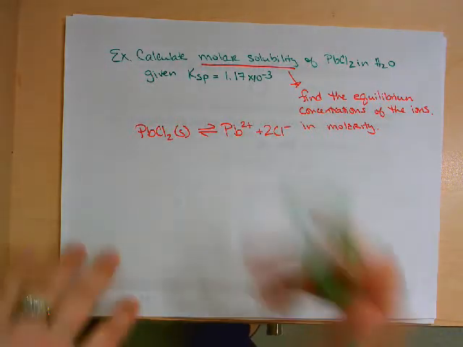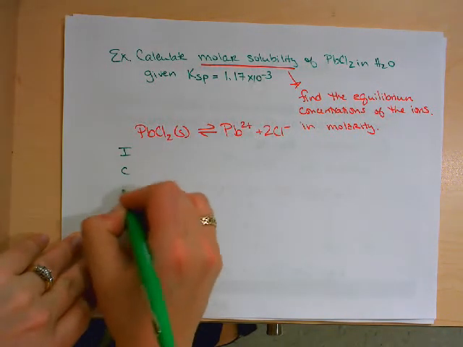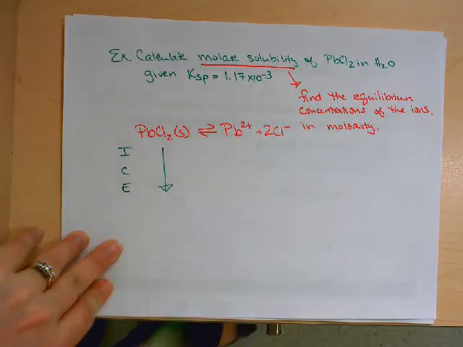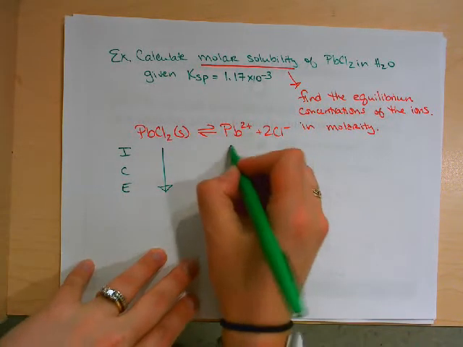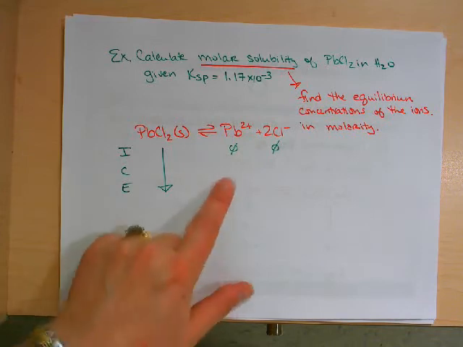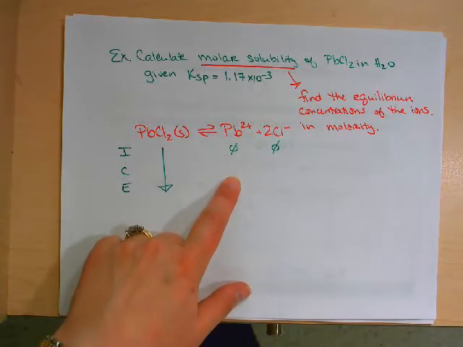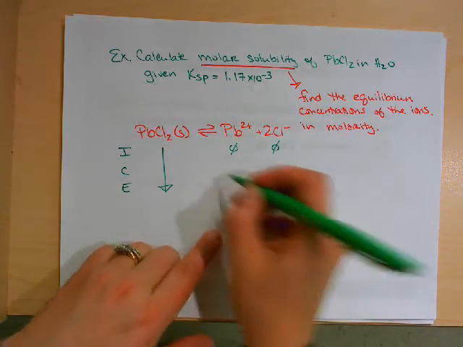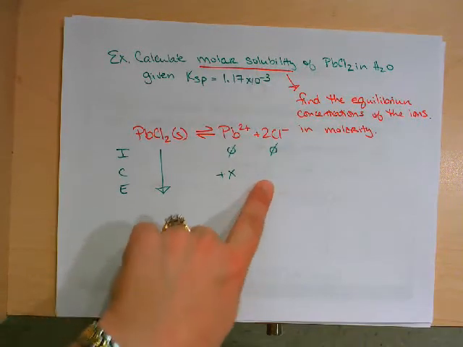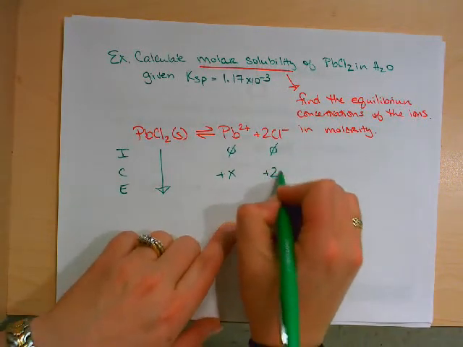Alright, so now if we set up our ice chart, again, we start with 0, but now what value of X does the lead get? Okay, 1. What happens to fluoride? Plus 2.